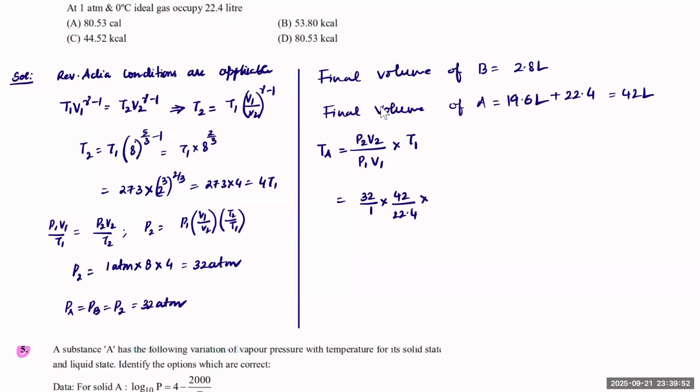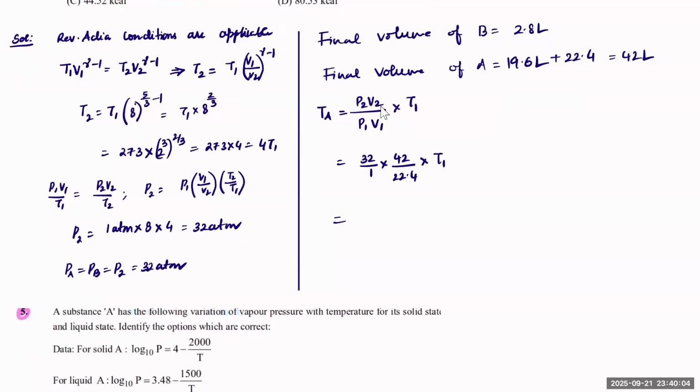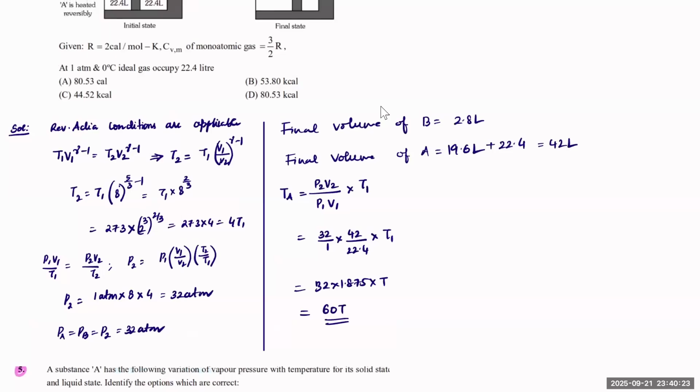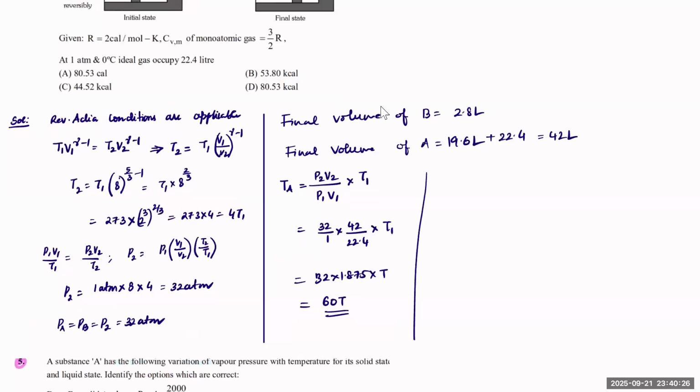T1 is anyway 273. So 42 divided by 22.4 is 1.875, into 32. So 32 into 1.875 into T1, that comes to 60. So 60 times T1. This much is the temperature that was raised in A.